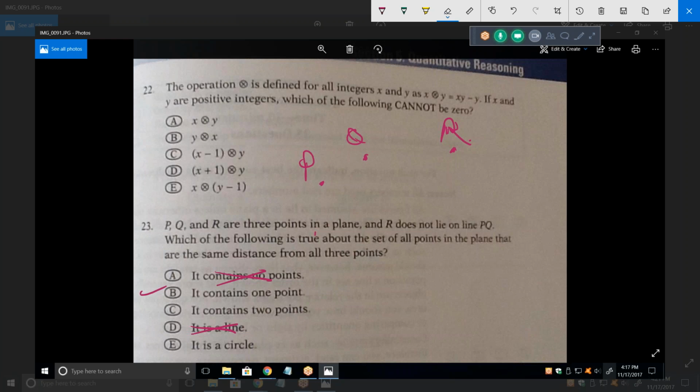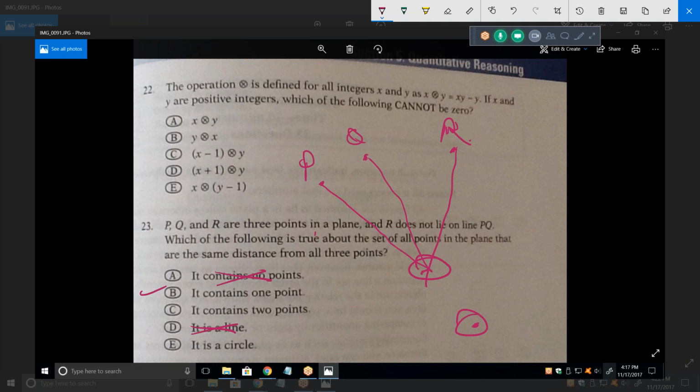I don't see it myself. In other words, I have to find a point where this distance is the same as that distance is the same as that distance. And the only thing I can think of that satisfies that at the moment is a circle. If I look down here, there's no way that that point and that point could both be equidistant from P, Q, and R. Correct.